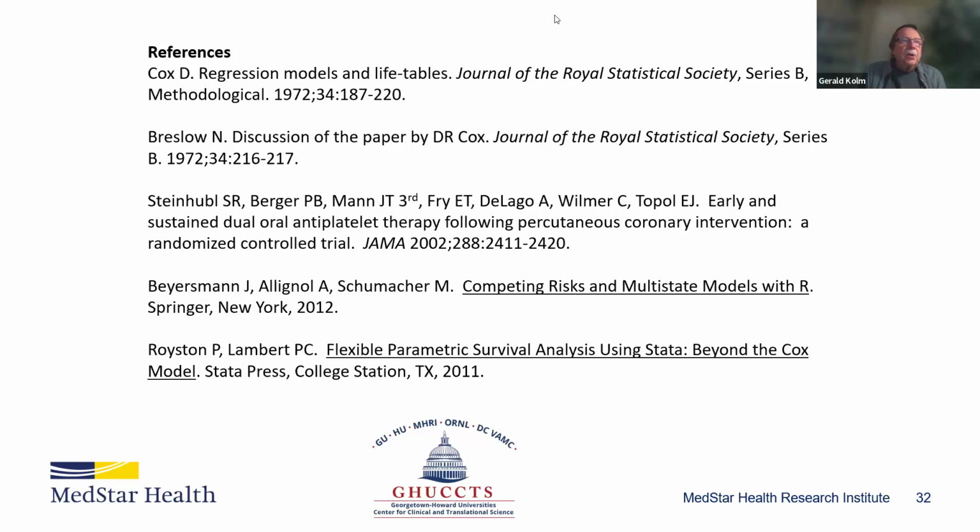The last two, the Beyersmann book and the Royston book, are probably the most easy to read, and they actually have, I believe, R code examples. So those are the two that would probably be most beneficial to use.